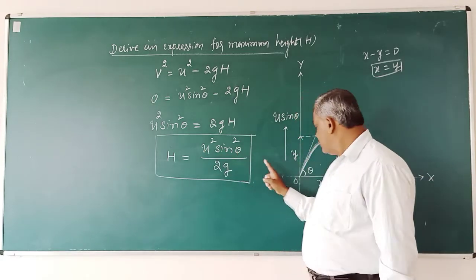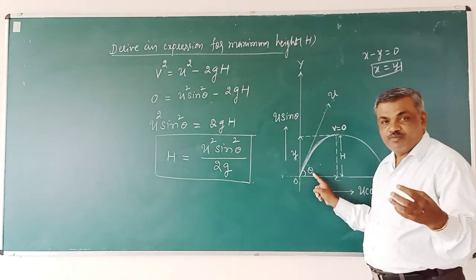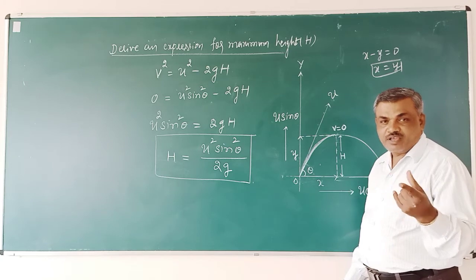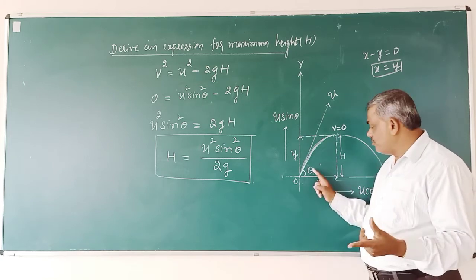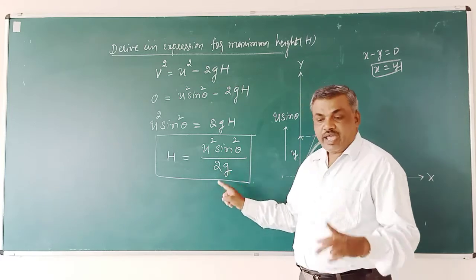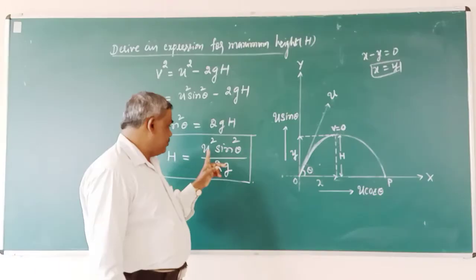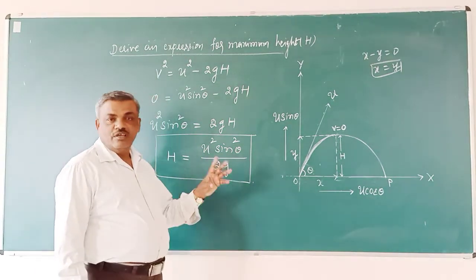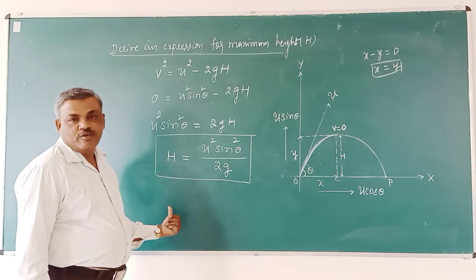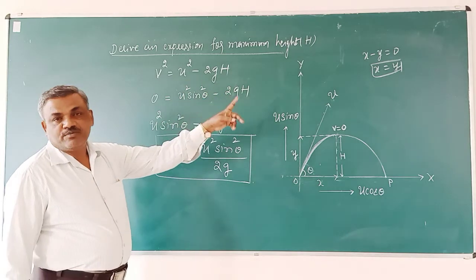Then theta, the angle at which the body is projected, maybe 30 degrees, 40 degrees or 60 degrees; substitute the given theta value here. And g, the acceleration due to gravity, is 9.8. So with u, theta and g substituted in this equation, you calculate the maximum height. This is the expression for maximum height.